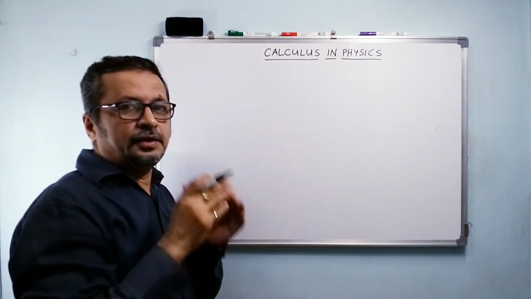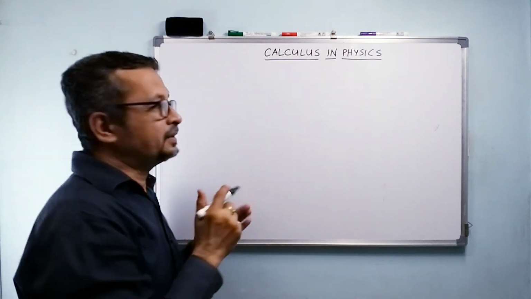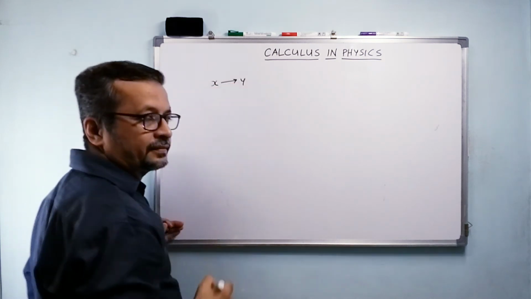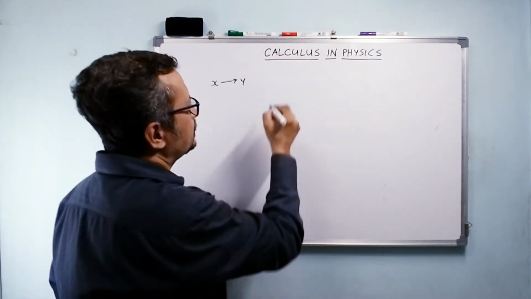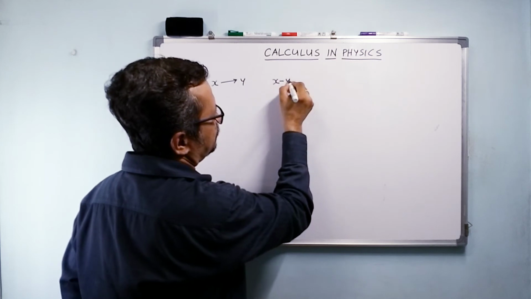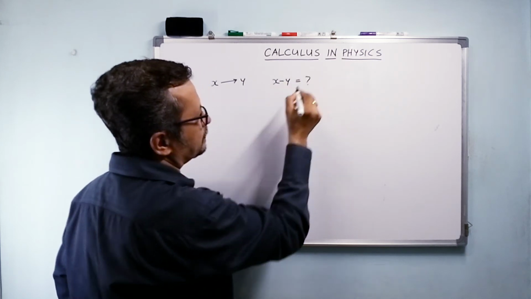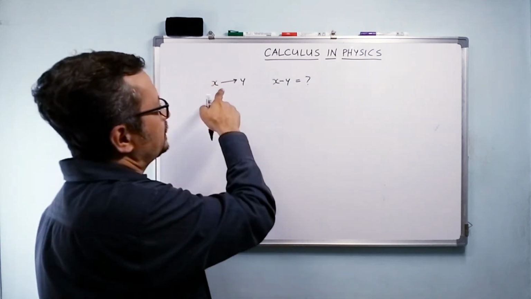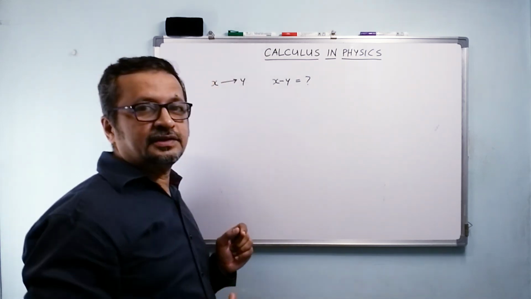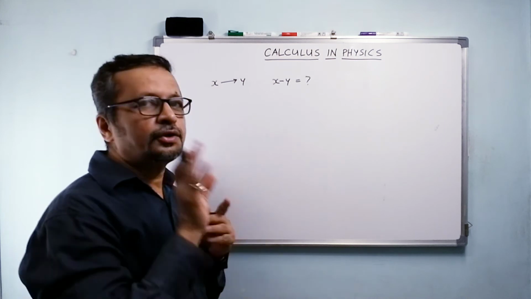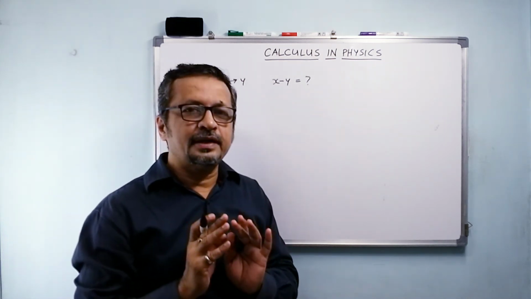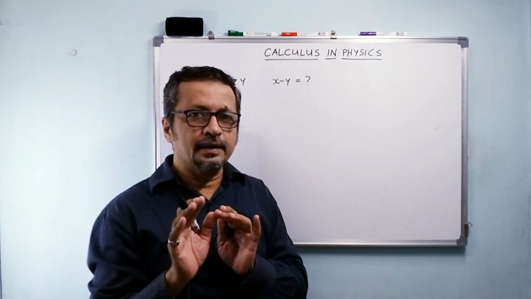Now coming back to that tail of that rabbit. If my x tends to y, then what would x minus y be? If x tends to y, this arrow sign is not an equal to sign. X tends to y, does it mean that x is equal to y?